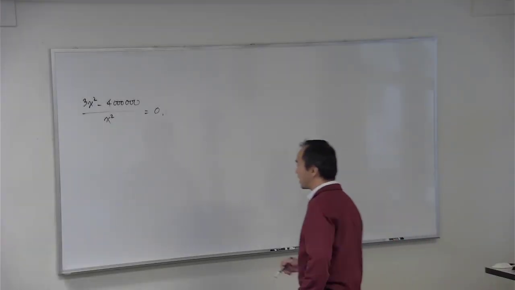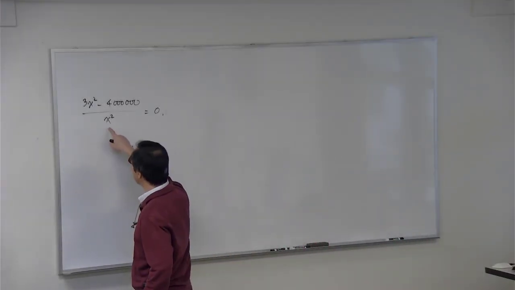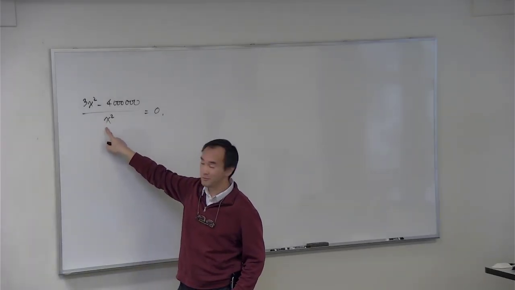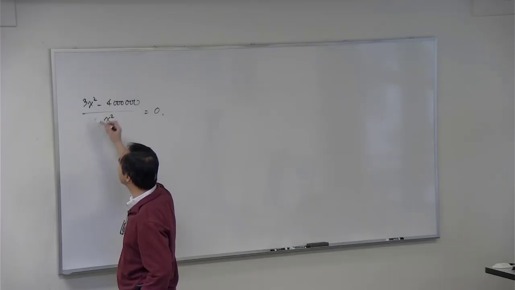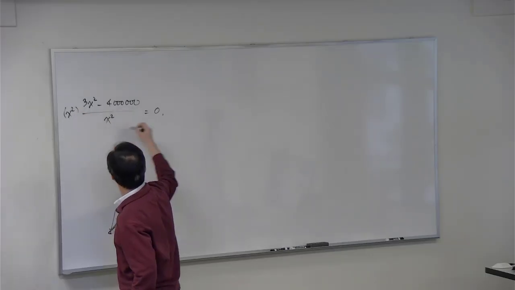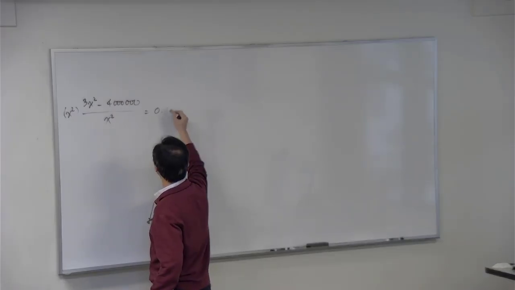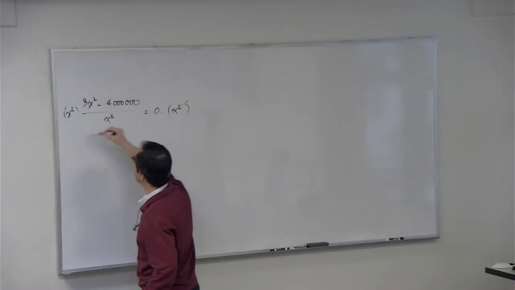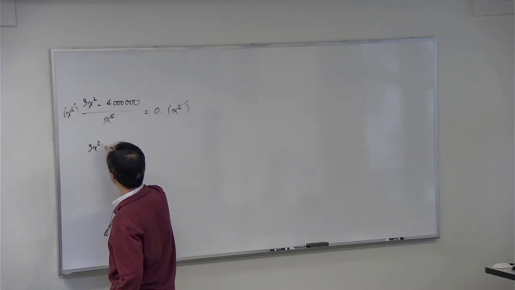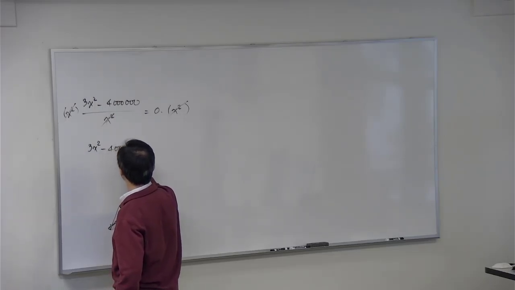Okay, so in that way, now x being other than 0 means the denominator quantity here is a positive quantity, right? We can just multiply x squared to both sides, and then we'll cancel out our x squared here, making it now just 3x squared minus 4 millions equal to 0.